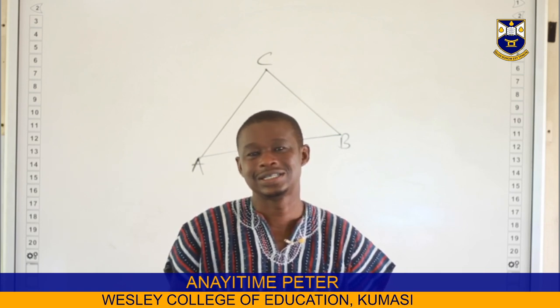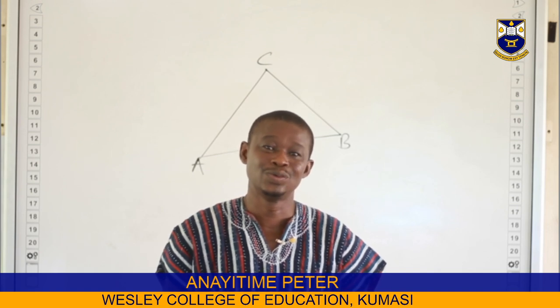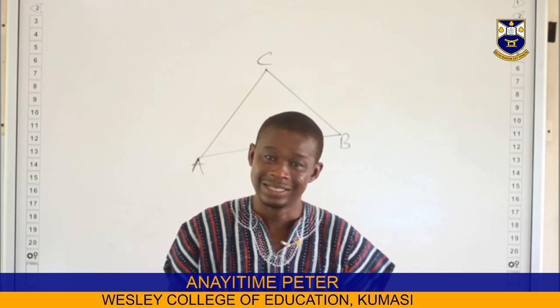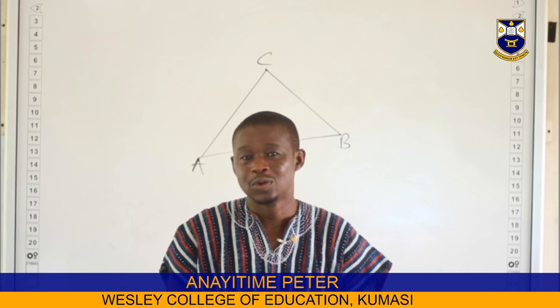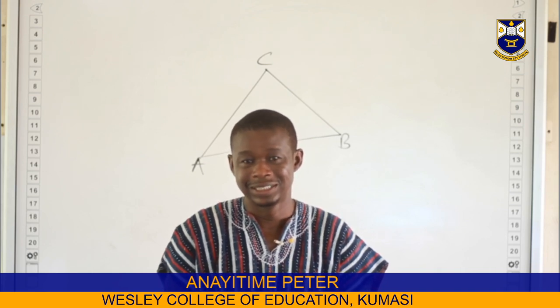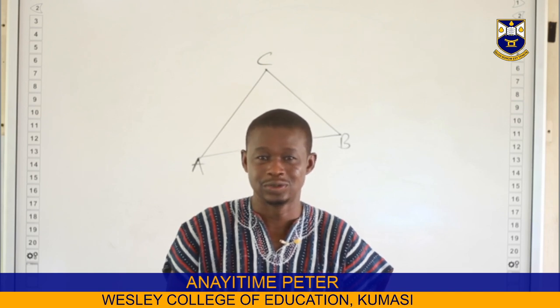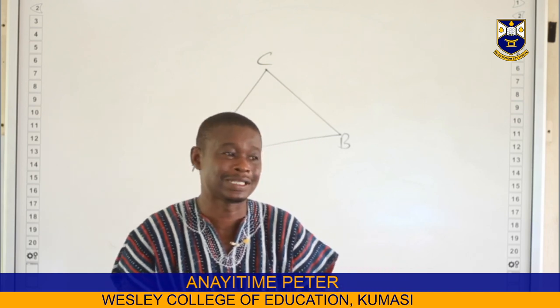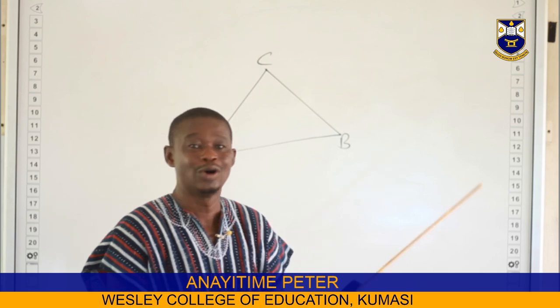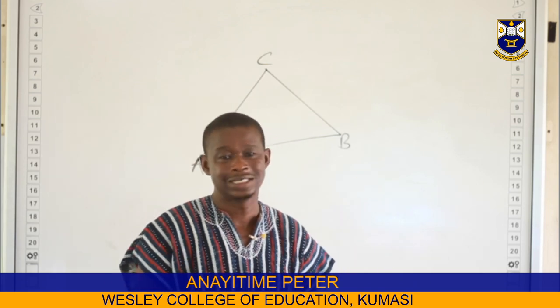So it is not necessary to waste time bisecting 3. If you bisect 2, where the 2 bisectors meet is the center of the circle you are going to draw.